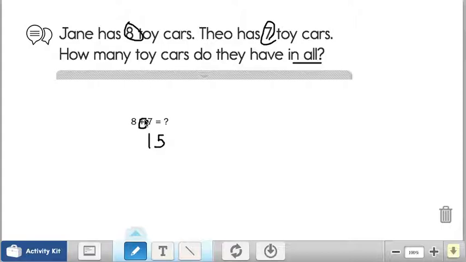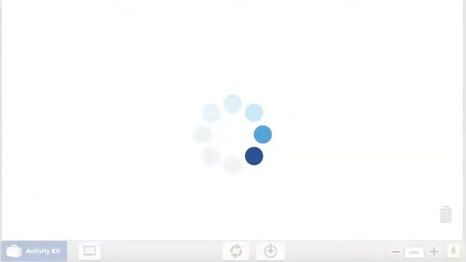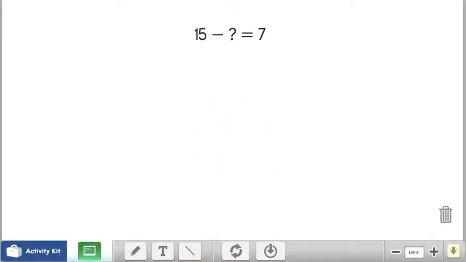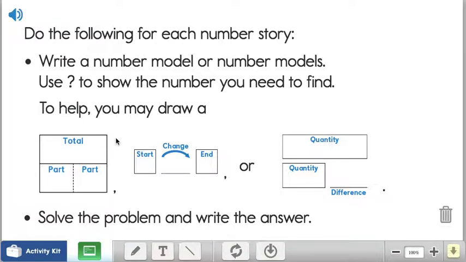Now, we are going to be talking about two-step word problems today, in which we have two operations that we need to do. So, two steps, meaning we have two things that we need to do, which means we may have to use two of these number diagrams.